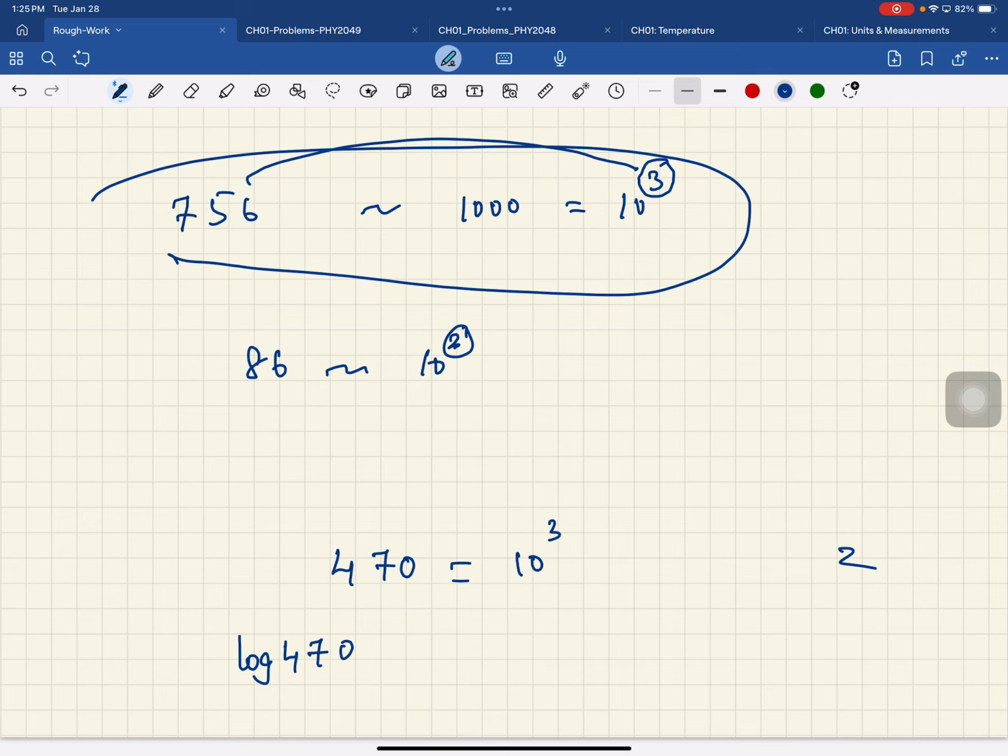You're figuring out this number. Okay? Would be x, and log to base 470.